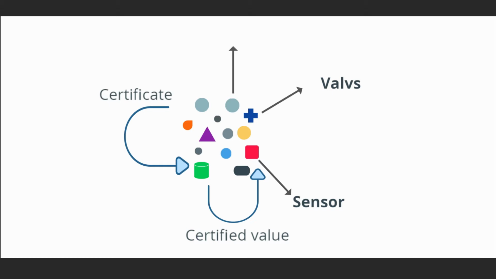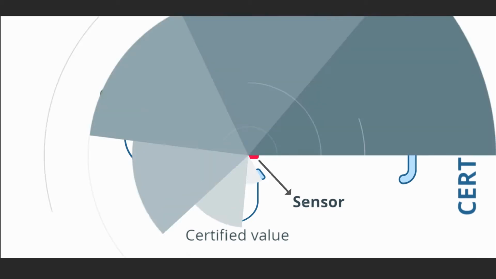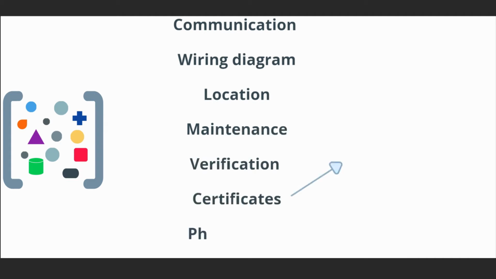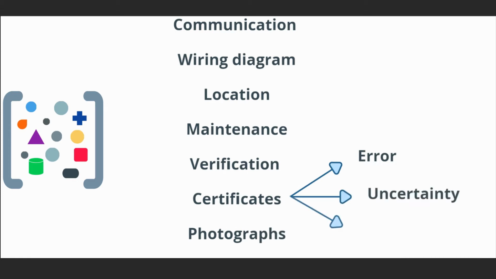It's common to double check if the values were introduced correctly, if the certificate is up to date, and overall if the system is acting as expected. Generally speaking, we could define each of these elements by its properties, including type of communication, wiring, location, maintenance, verification, certificates, photos, etc. We can include the error, uncertainty, or any other detail like who or when.